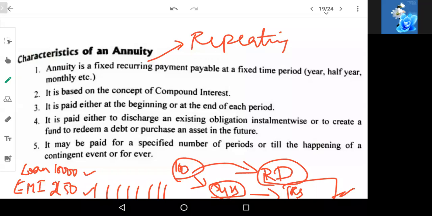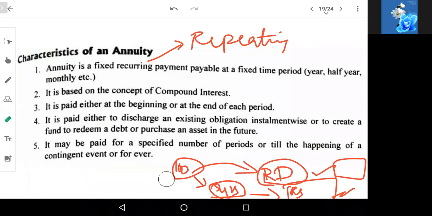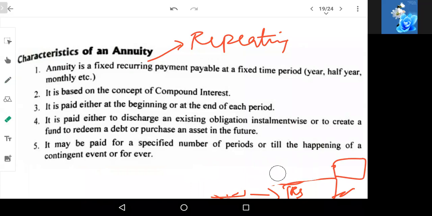Or you are saving money like this to purchase furniture or an asset in the future, any asset. Companies, you would have heard about depreciation accounting, right? You have solved about depreciation accounting. Yes.